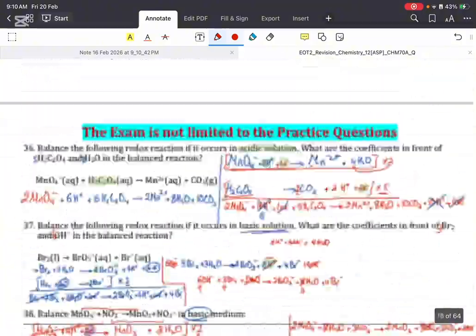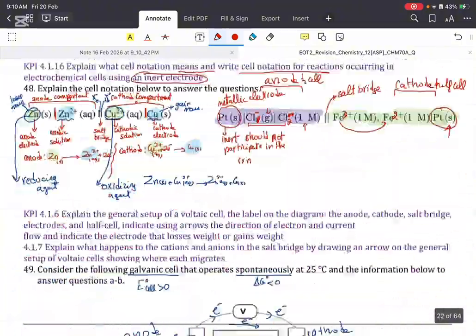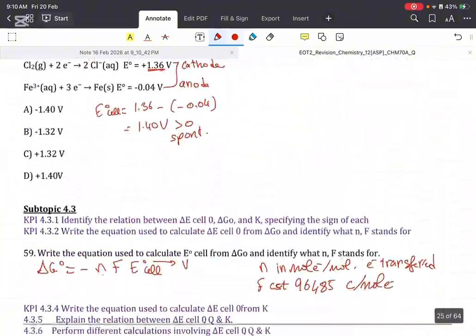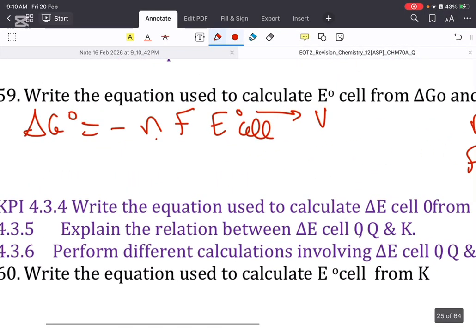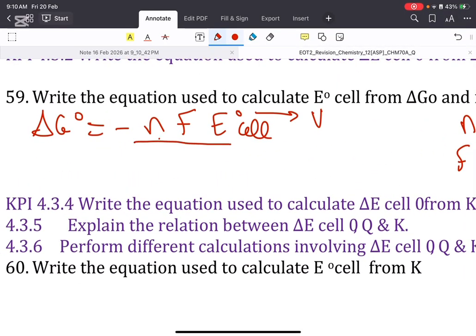Now, if you have a question to solve and calculate delta G from a value of E cell, you must not forget to divide this by 1000 because the volt is in joule. So I need to divide it by 1000 to obtain my answer in kilojoule.